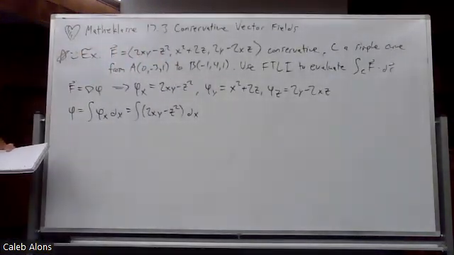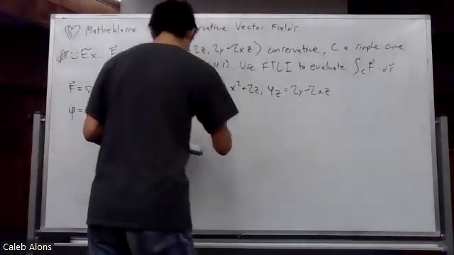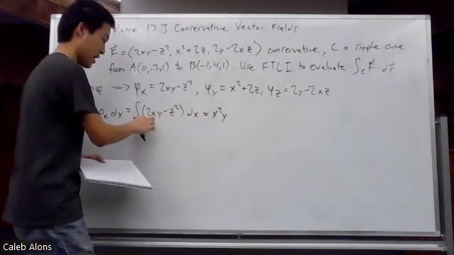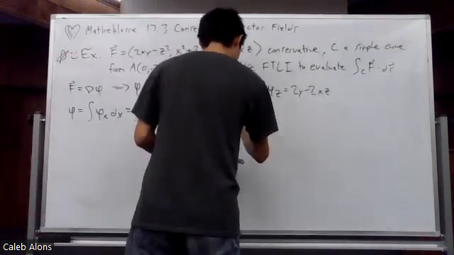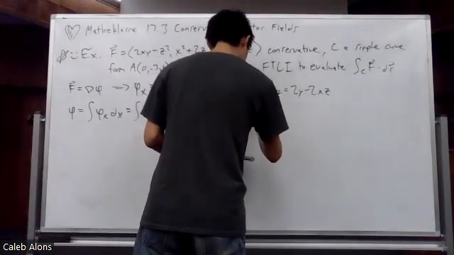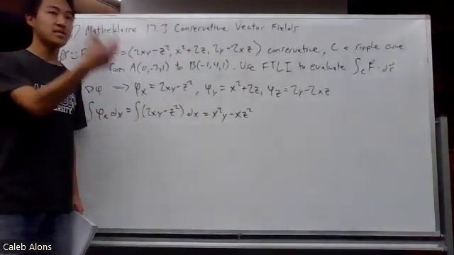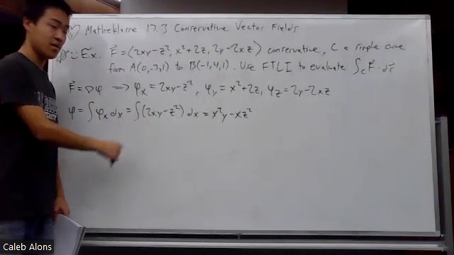Treat y and z as if they're just constants. And that's going to give you x squared y, right? Because here x is the variable, so 2x becomes x squared, and then the y is constant. Minus xz squared. Now, normally at the end of an antiderivative, you say plus C, like a constant. But what variables are considered constant here?